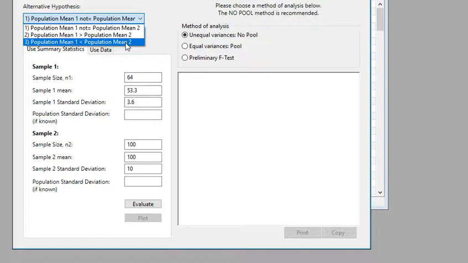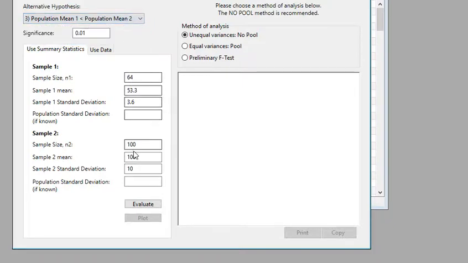All right, and then for sample 2, we had 65 people with a sample mean of 51.3 and a sample standard deviation of 4.5. Are all those correct?